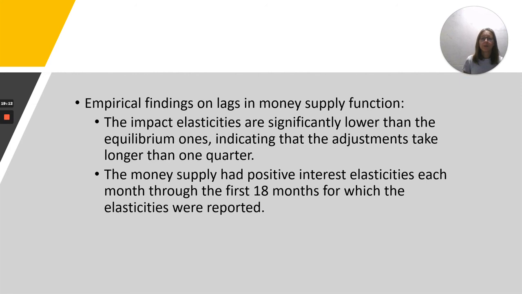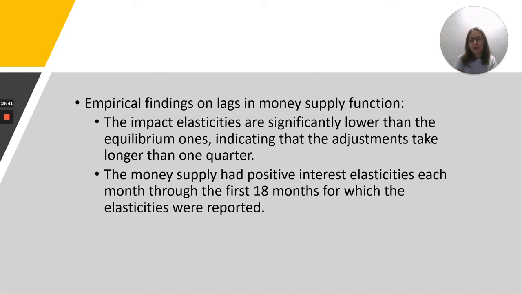Which means that if any of the money supply factors changes, it would take at least or more than 1 quarter for the money supply to react. So there is a time lag, first of all, though it might not be that long, a bit longer than 3 months, but maybe not very much longer.